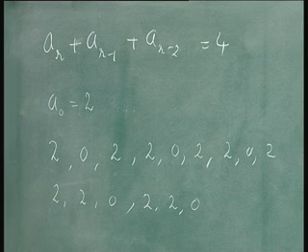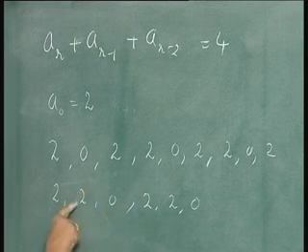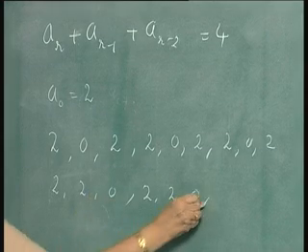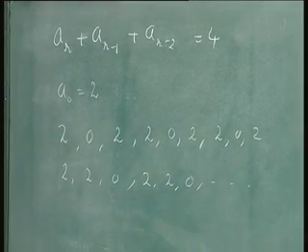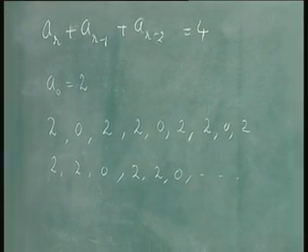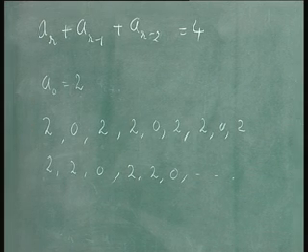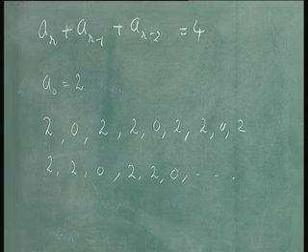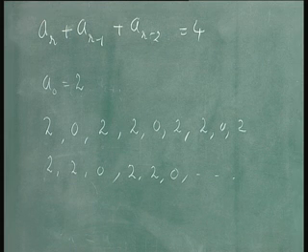This also will satisfy the recurrence relation. Add these 3, you will get 4, add these 3, you will get 4, and so on. So, the solution will not be unique if you are given just one value. If it is a kth order recurrence relation, you must have consecutive k values to get the proper sequence.